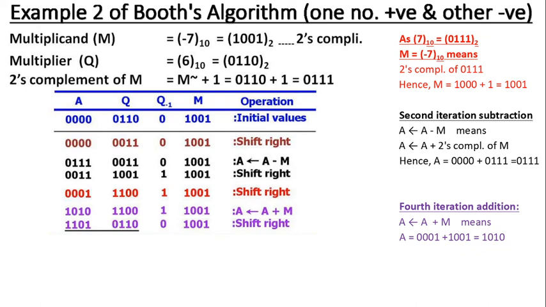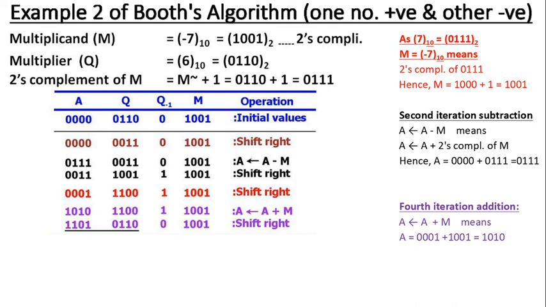And after shift right, I am getting this particular result. This fourth iteration contains addition and shift right, 2 steps, so 2 lines which are shown in violet color. And once that fourth iteration is over, my count will become 0.